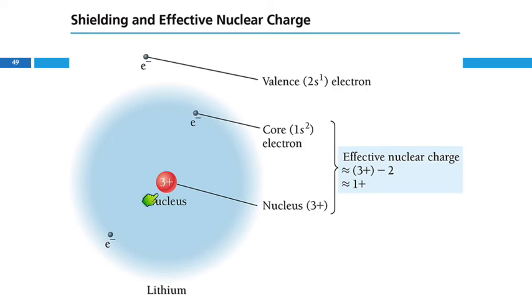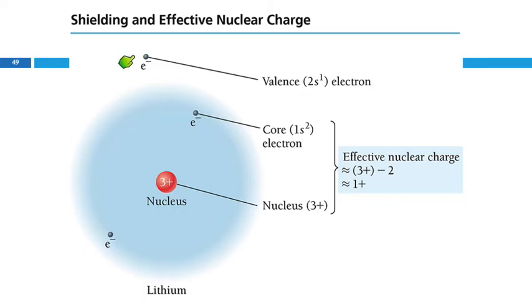So here we have lithium again, 3 electrons in its nucleus, and we have 2 core electrons. These are in the 1s2 orbital. And again, they're not particles zigging around, they're standing waves that are occupying this space.